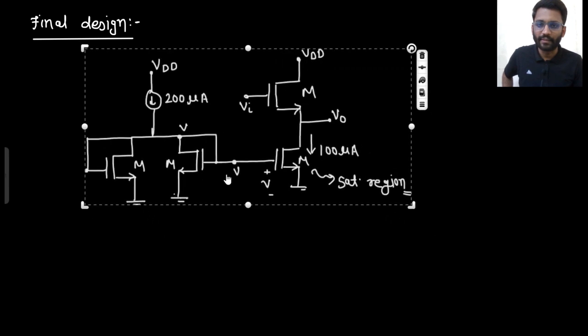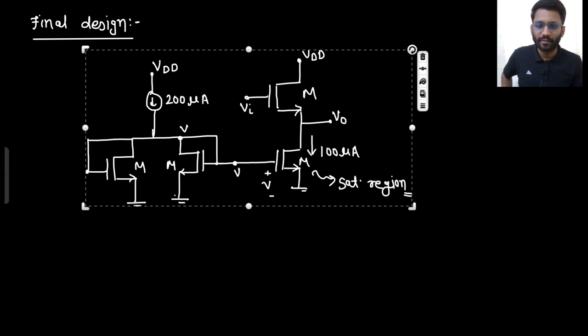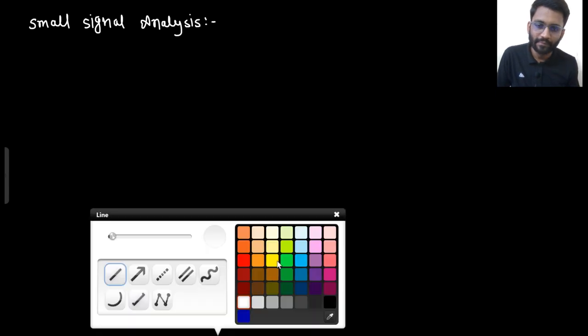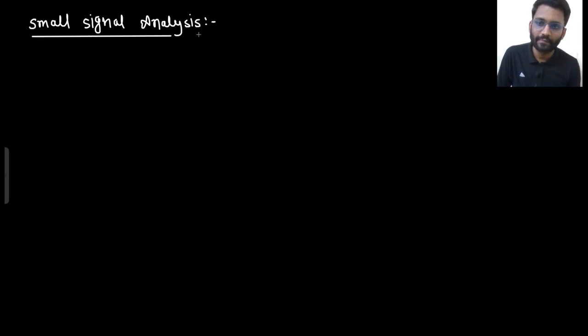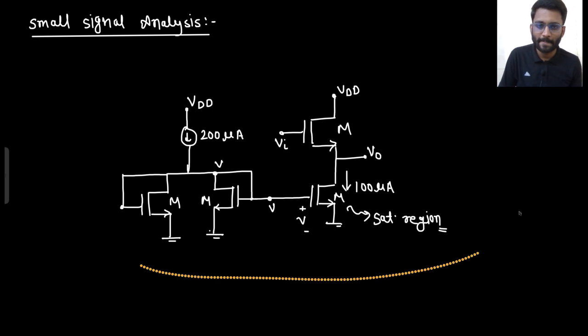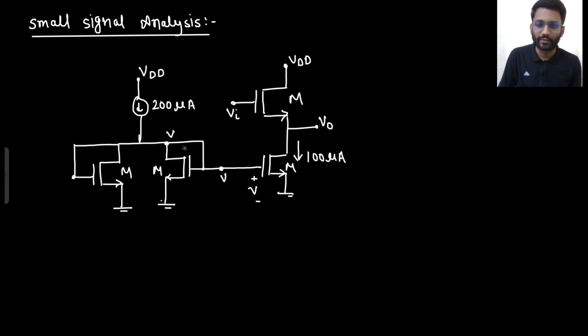This is the final design. Now we are going to do the small signal analysis. All transistors are already working in saturation, so forget about it. This is 200 microampere, which will be gone.